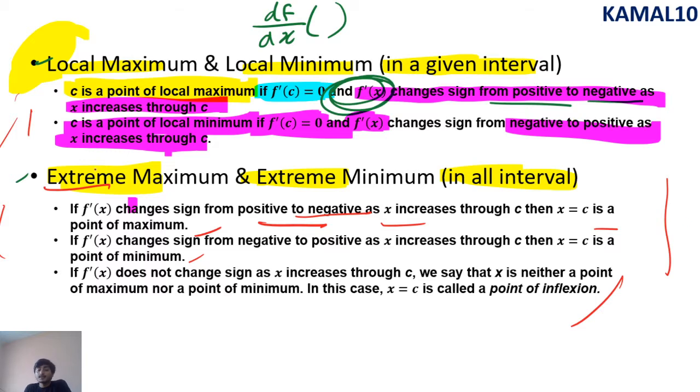Then if f dash does not change its sign as x increases through c, meaning if c is 3 and after that the sign is still positive, and earlier also it was positive, we say that x is neither a point of maximum nor a point of minimum. In such a case x equal to c is called a point of inflection. Is it clear? So guys, always keep this in mind, it is called a point of inflection, because this is the question you will be facing in many of the competitive exams.